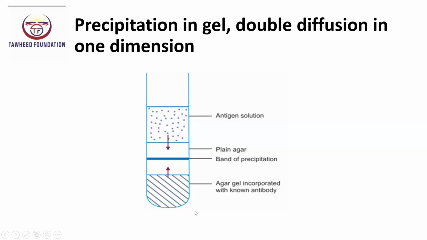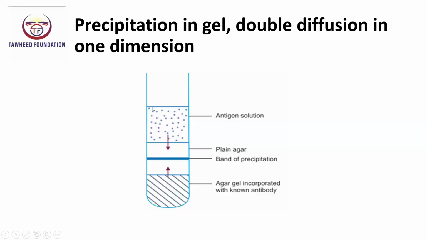So as you can see in this image, this diagram shows a different setup, that is double diffusion in one dimension. Here, instead of one component diffusing, both the antigen and antibody diffuse towards each other in a linear one-dimensional arrangement. If you look at the figure, you'll see a gel block with two parallel troughs or slots cut into it, one on the top side and one on the bottom side.